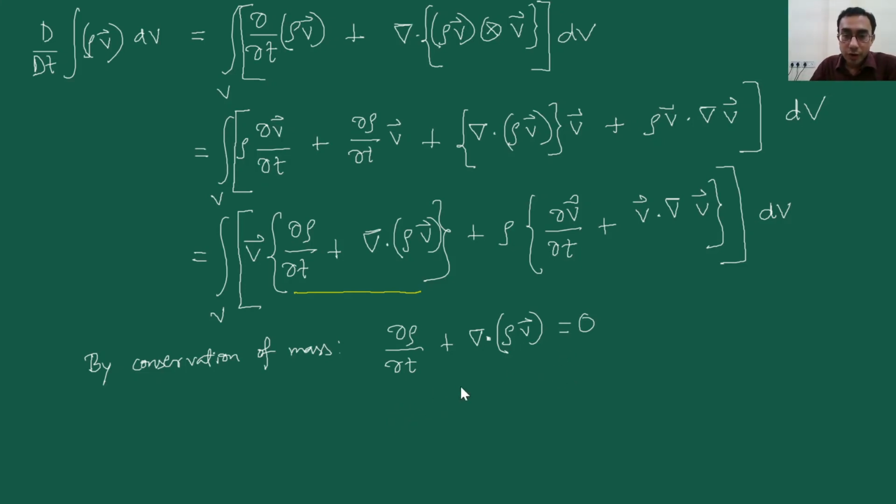Because this thing is 0 in general, because you have conservation of mass, this entire term is 0, which means basically what you have is that d dt of the integration of rho v dV is equal to the integration over the entire volume of this term.